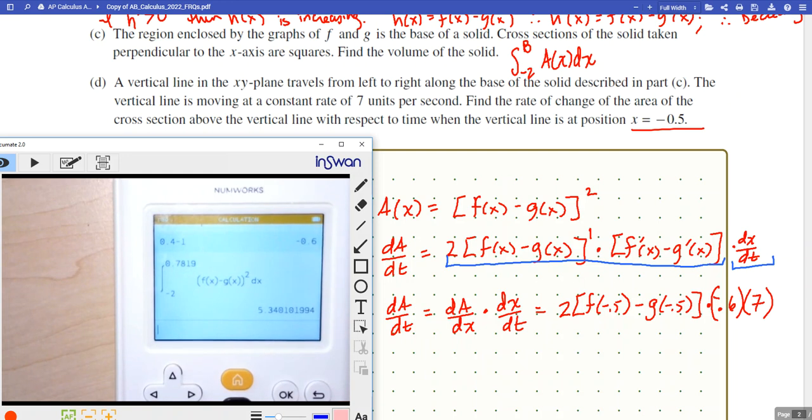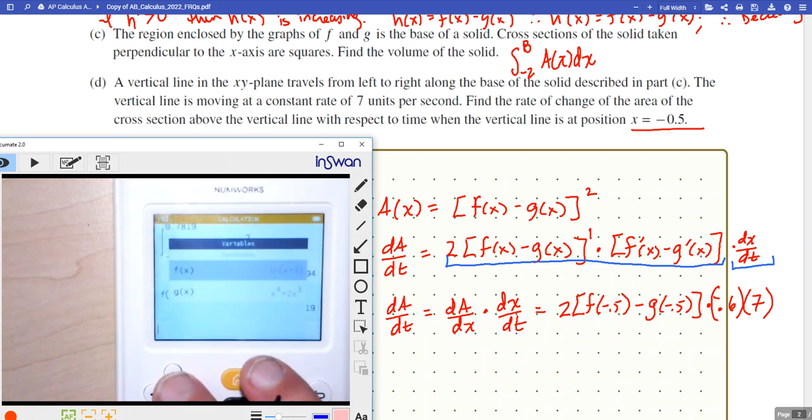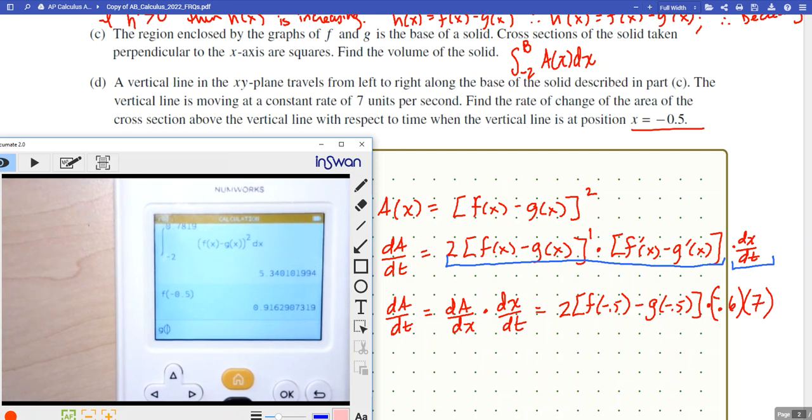There are a number of ways that we could do that. I could say from my variables, what is f of negative 0.5? That's 0.91629. And I could say, what is g of negative 0.5? And we have that value.